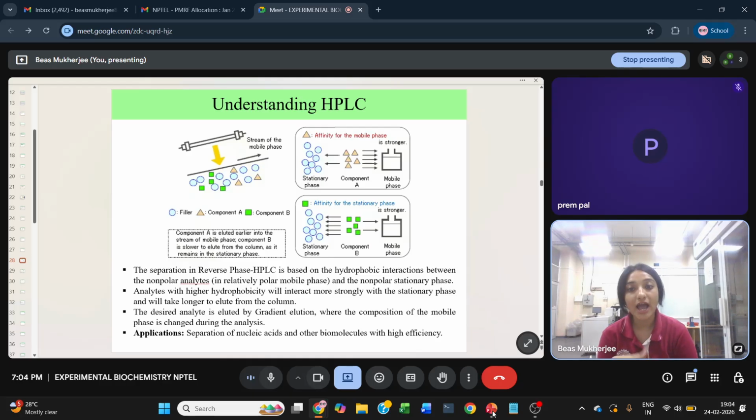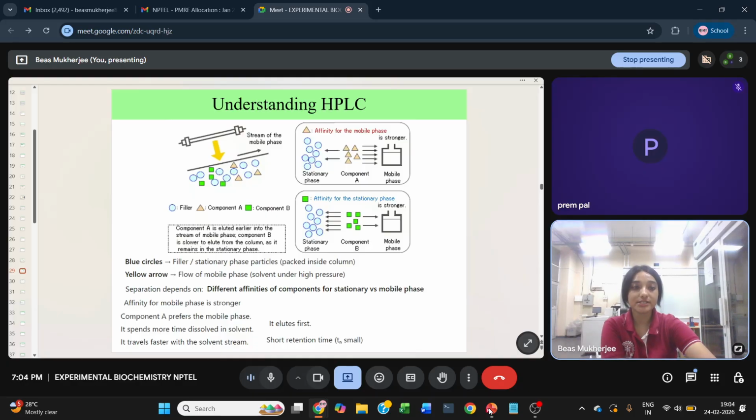Analytes with higher hydrophobicity will interact more strongly with the stationary phase and will take longer to elute from the column. The desired analyte is eluted by gradient elution, where the composition of the mobile phase is changed during the analysis. An application is the separation of nucleic acids and other biomolecules with very high affinity. So we will look at this in more detail now.